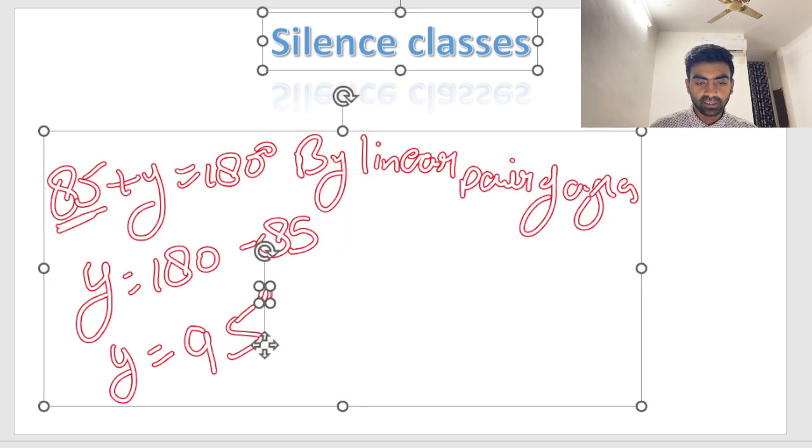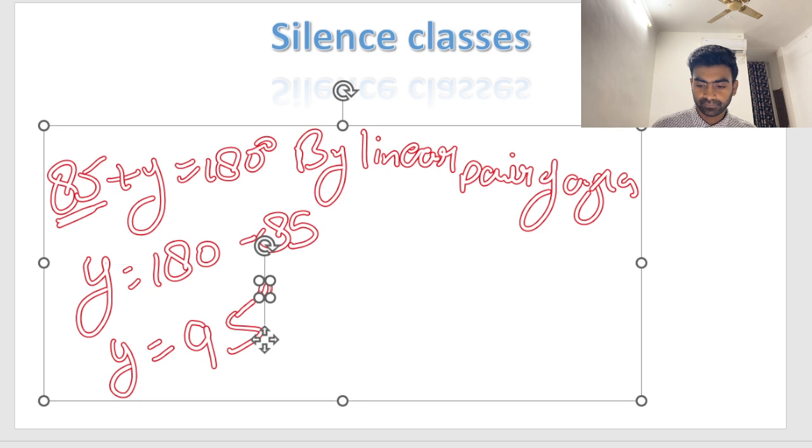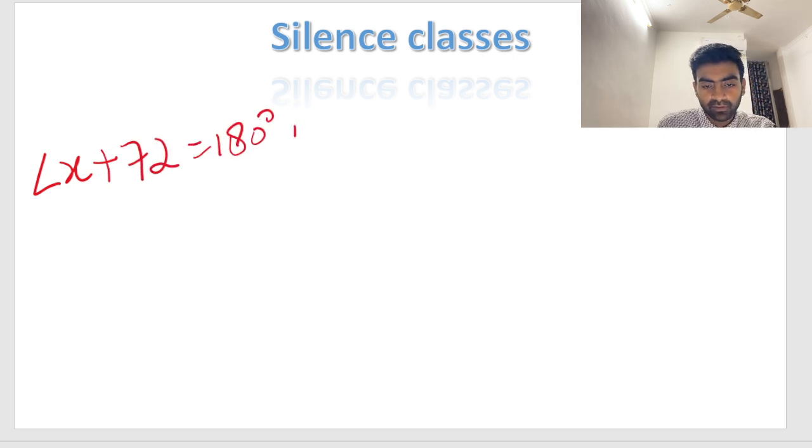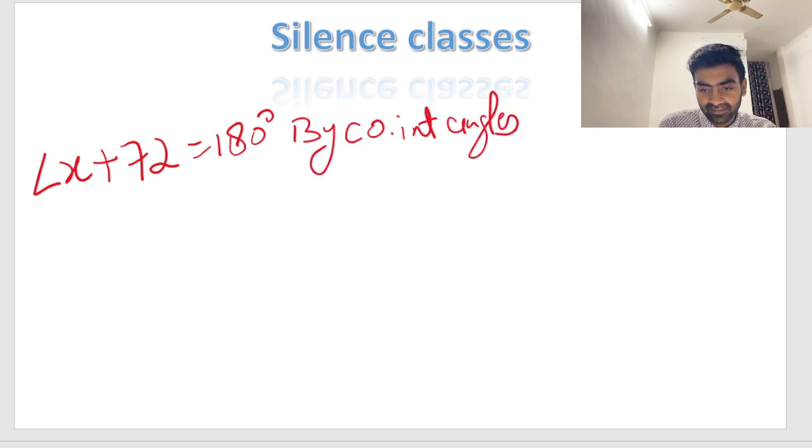By using the co-interior angles, angle x plus 72 degree is equal to 180 degree. We have to find the value of x.